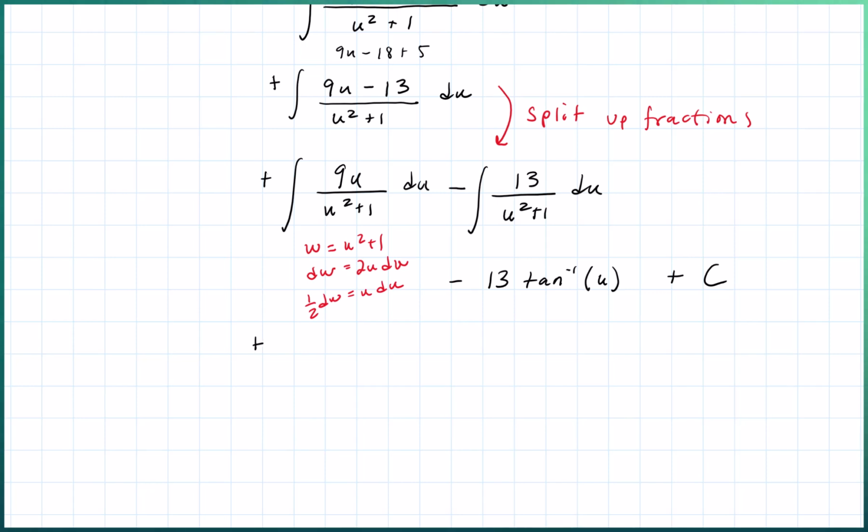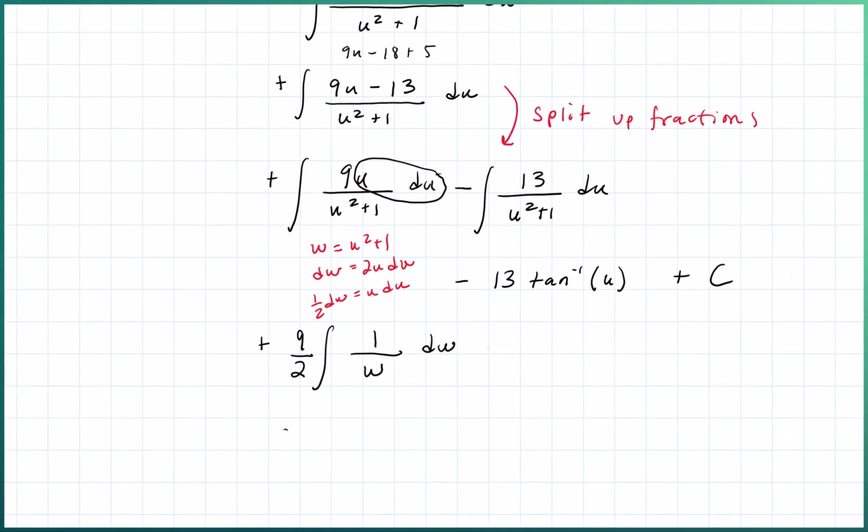So this becomes 9 on the outside, my u du is being replaced with 1/2 dw, so I'm also going to have a 1/2. I'm going to pull that out. I'm going to get 1 over w dw. So remember, that u du was a 1/2 dw, and then that 1/2 I just pulled out in the front since it was a constant and brought the 9 out as well.